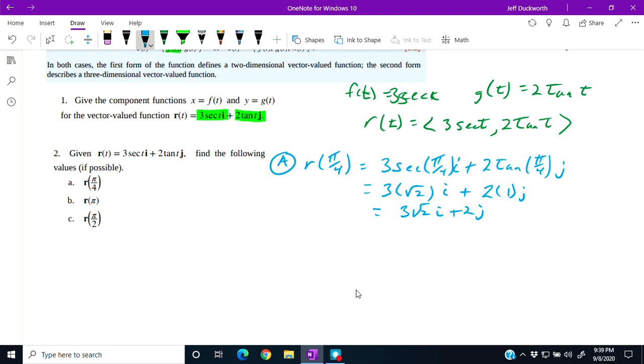All right, so let's try it again with pi and then pi by 2. So again, we're going to substitute in pi wherever we see the t.